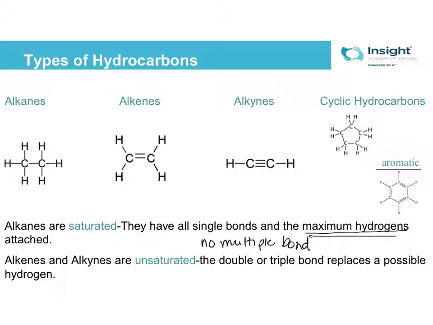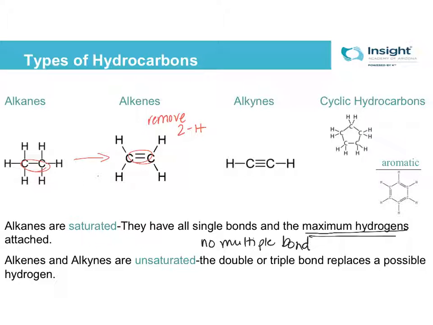All right, because if you look at this first one, the very first alkane, you can see that there are 6 hydrogens, and then between the 2 carbons, there's just this single bond. Whereas to go to this next one, the alkene, we had to remove 2 hydrogens in order to make room for that double bond.